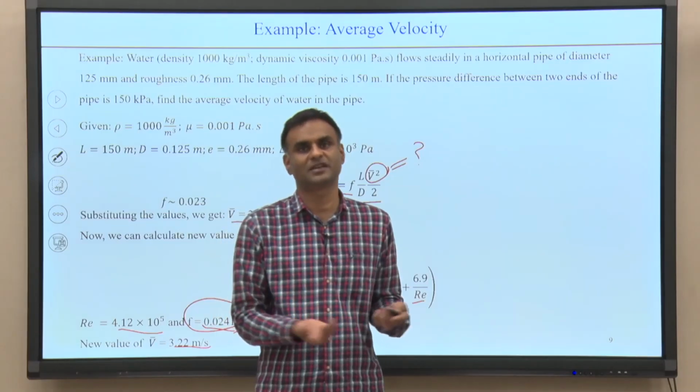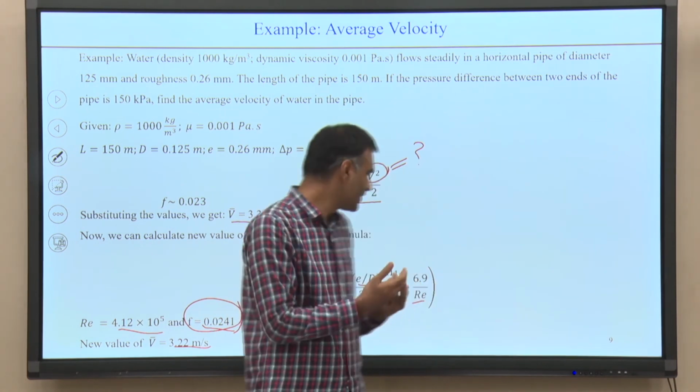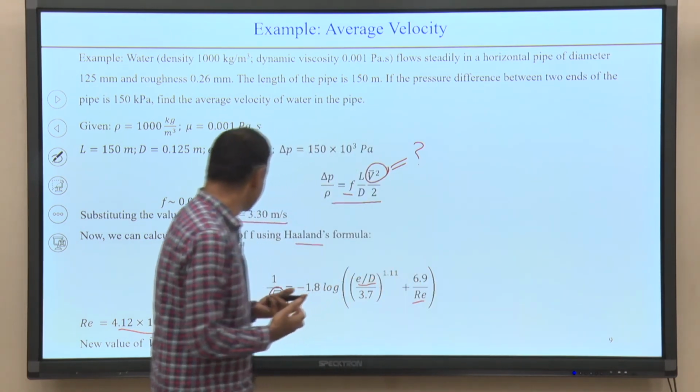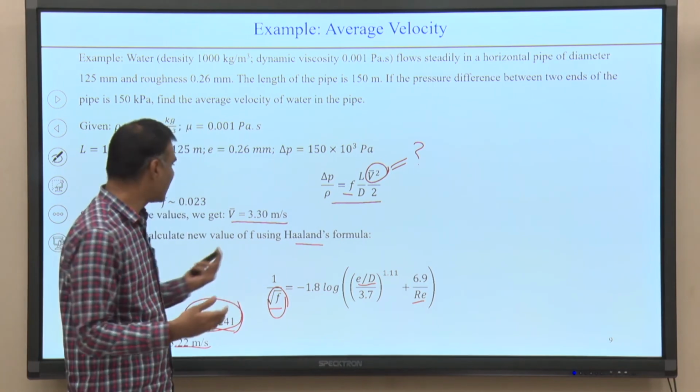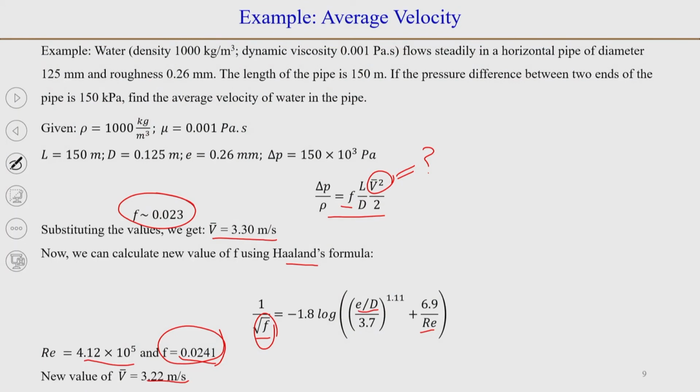If you would have guessed a value of F which is slightly far off, because when we used the graph, we were not very far off. Our value of F was 0.023, and the final value is 0.0241. So, the value of F that we guessed was not very different from what the actual value was.